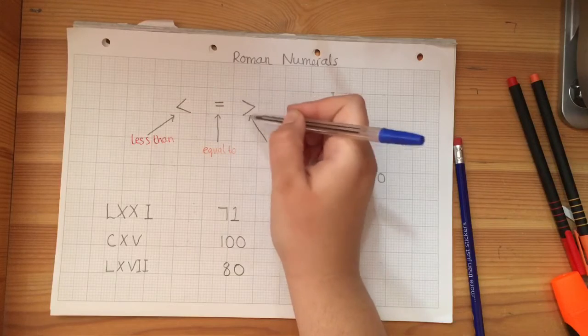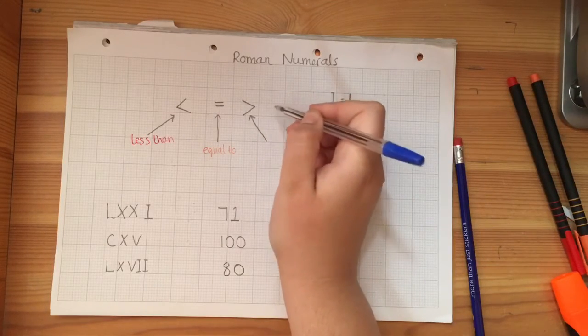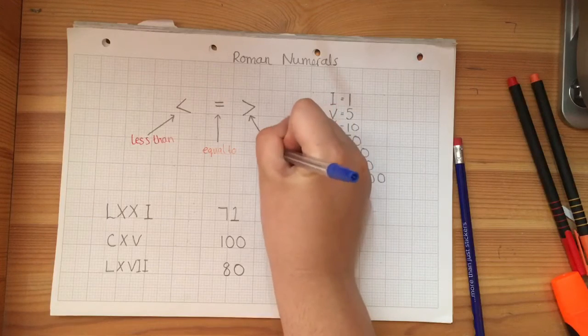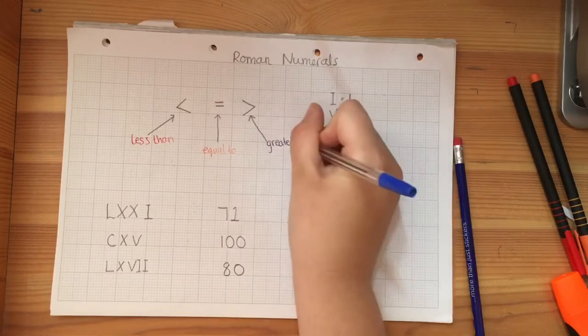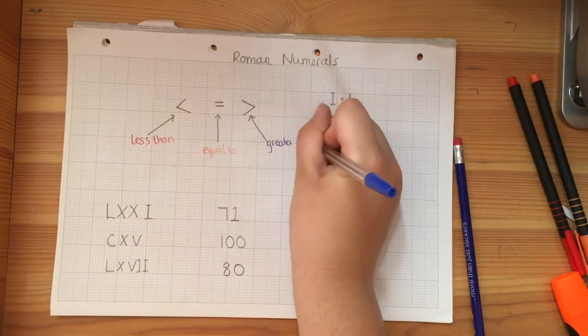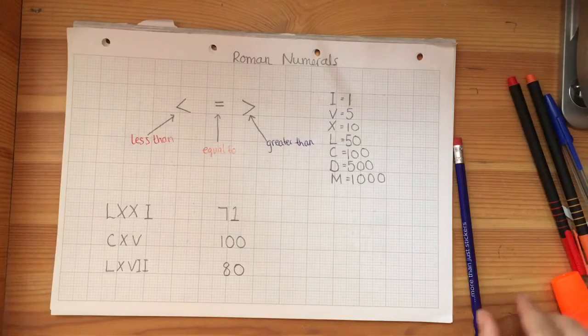So the one on the left now is bigger or greater than the one on the right. So this one is greater than. Okay, so we're going to be using those three symbols as well as our Roman numerals today.